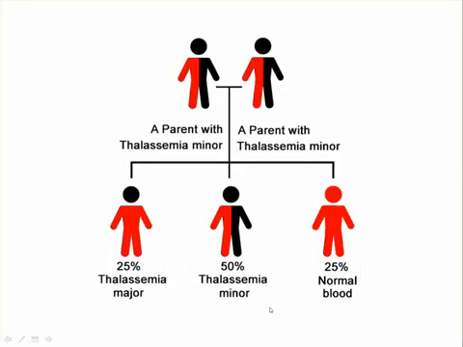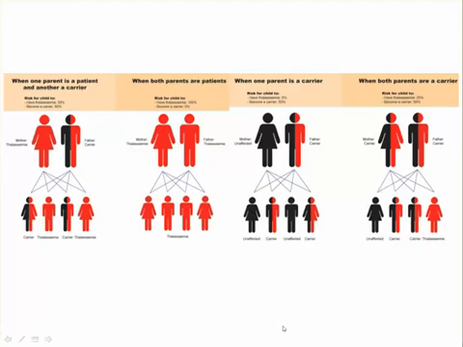And this is the algorithm if you have parents with thalassemia minor. Two parents with thalassemia minor: 25% of the offspring will have thalassemia major, 25% will be normal, and 50% will have thalassemia minor.